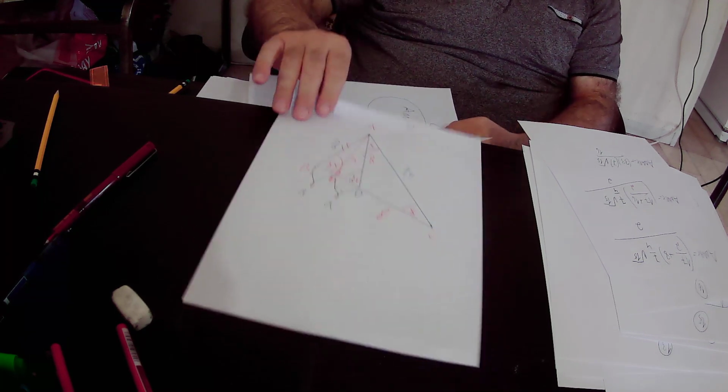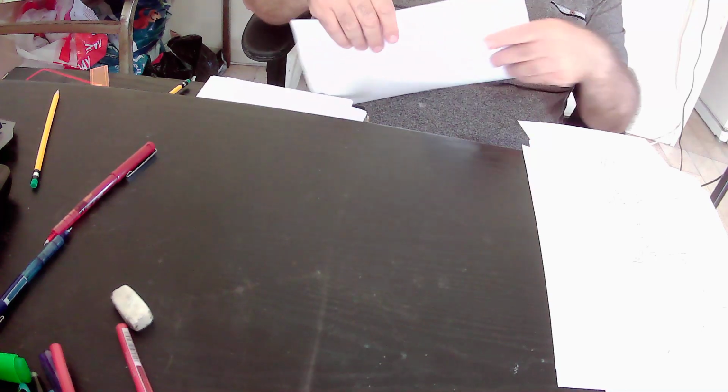Then we found the area of triangle ABC according to the second method.